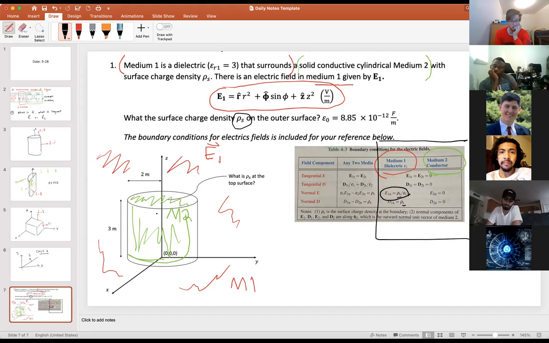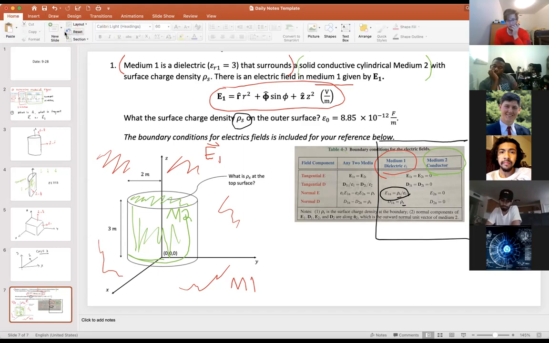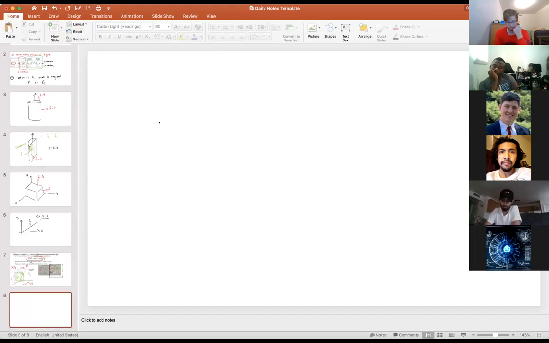So it's kind of a shortcut for saying, let's say that E1 tangent, and don't forget these tangent fields, you must always express these in vector form, because the tangent at the very least must be composed of 2 vector directions, right?